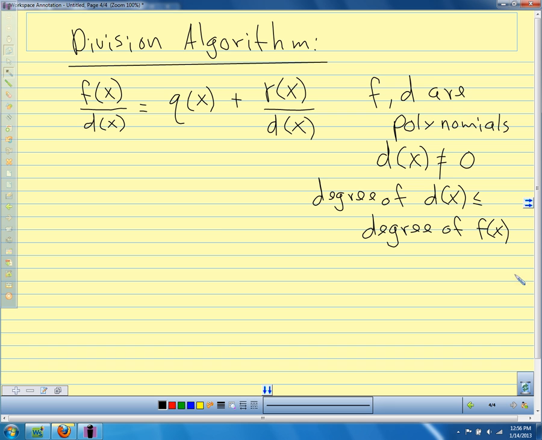We call f of x the dividend, just so you have this vocabulary, so if the problem asks you in this vocabulary. F of x is the dividend. D of x is the divisor. Q of x is the quotient.